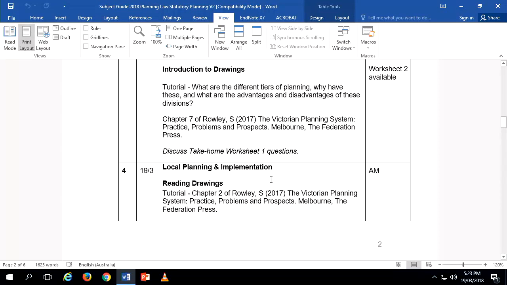Very common, very useful skills, in fact, in the built environment professions.